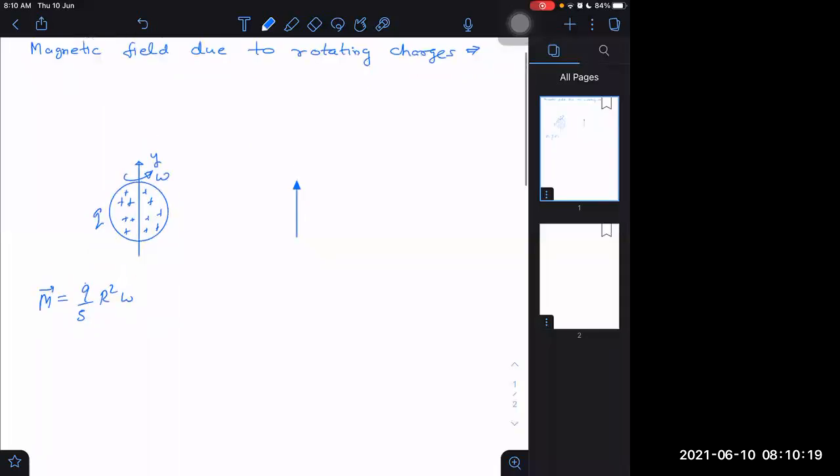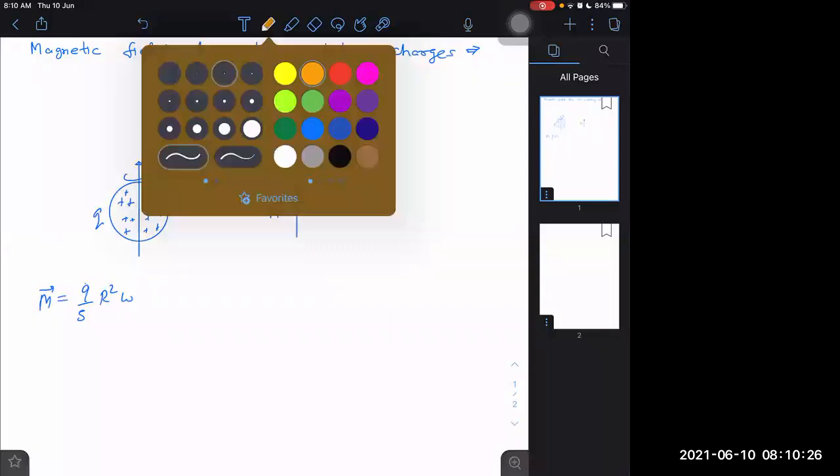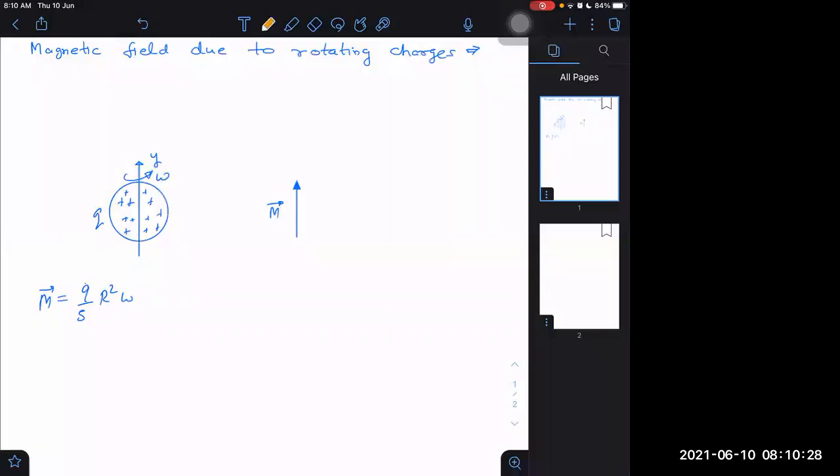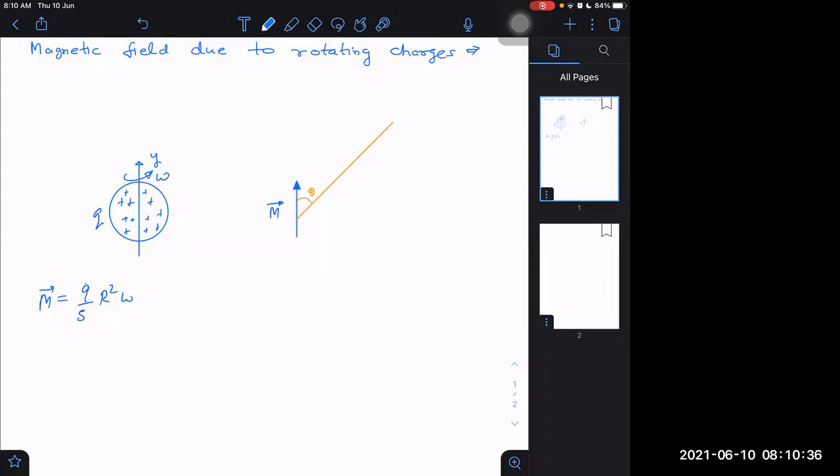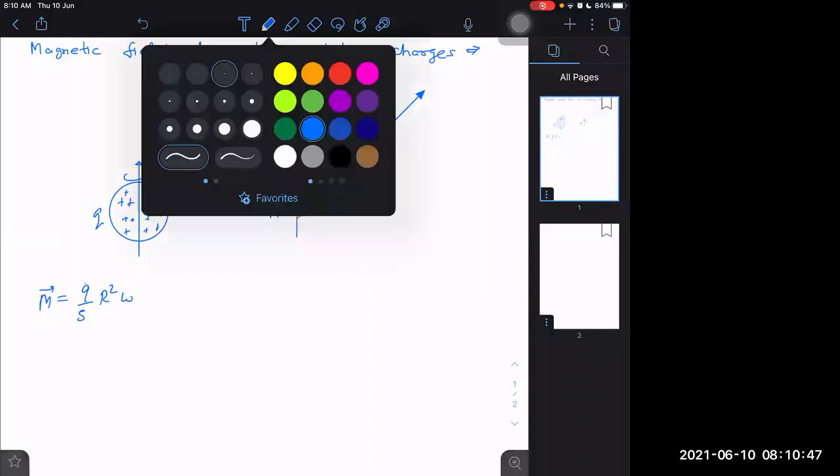Yes, sir. Now, magnetic moment is a vector. And if I have to find the magnetic field at an angle theta from this vector, then I can use the same set of formulae which we were using for electrostatic cases.